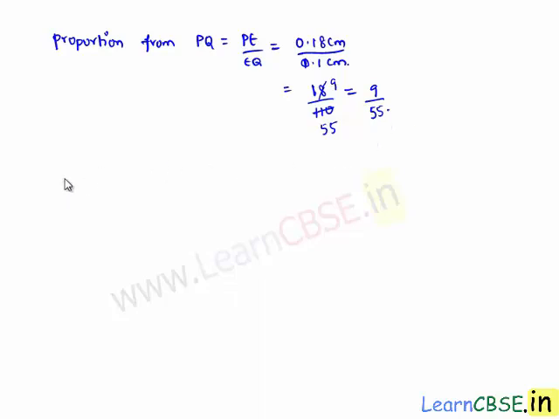Let us also find the proportion from PR, which will be equal to PF by FR. PF is given as 0.36 centimeters divided by FR, we found it as 2.2 centimeters, which is equal to, let us multiply and divide it with 100 so that it could be converted into a simple fraction.